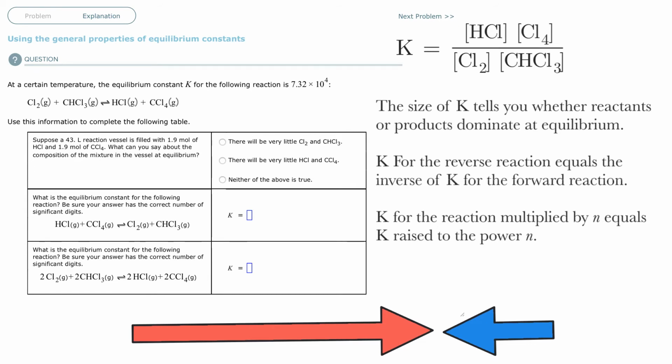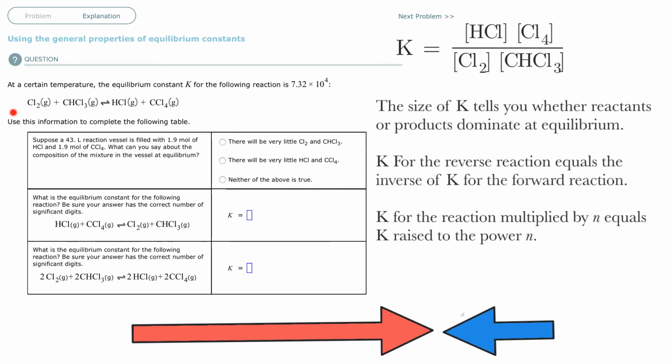The next thing you have to realize is that we've made these Ks before. In the case of this one, I've got Cl2, CHCl3, all of these are ones. I've got 1 to 1 to 1 to 1, and these are all ones. The concentrations are to the first power.